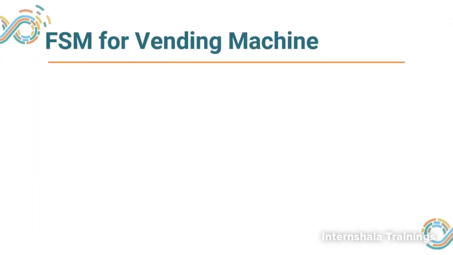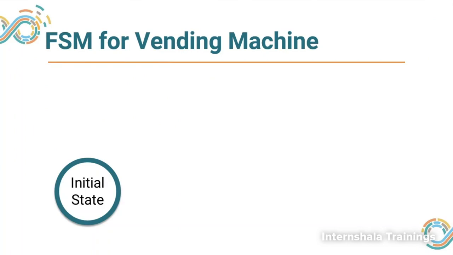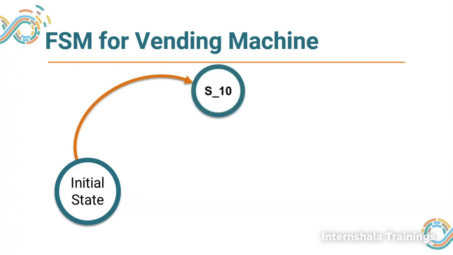Here we are taking a very simple example. I have an initial state. Every finite state machine has one thing called the initial state, that means the zero state also. I am giving an input coin which is 10 rupees. I am assuming only 10 rupees coins are allowed.